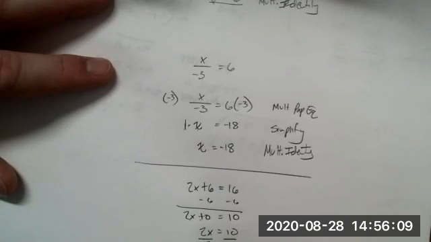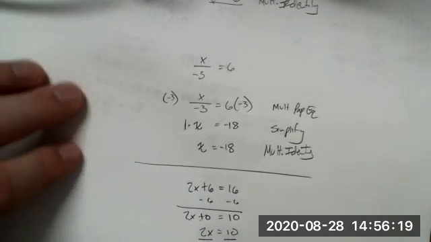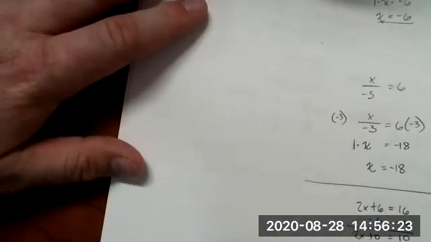So 1 times x is equal to 5, which means x is equal to 5. So all I did there, guys, was focus more on the math and less on the explanation, okay?